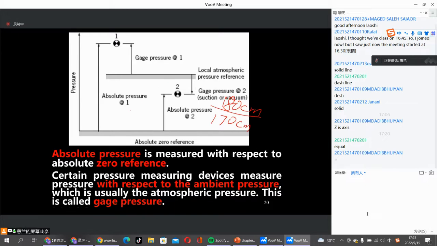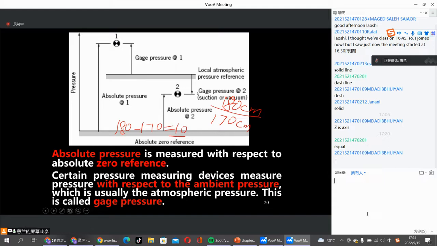And relative to the average height, it should equal 10. So 10 will be the relative height for you, right? So that's what we introduce here, gauge pressure. Gauge pressure is measured with respect to the local atmospheric pressure, okay?